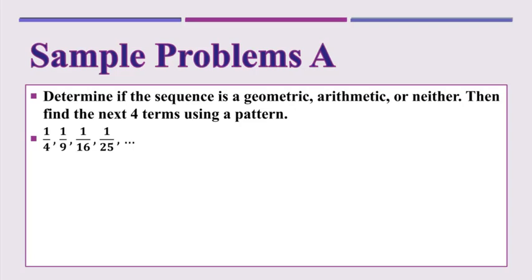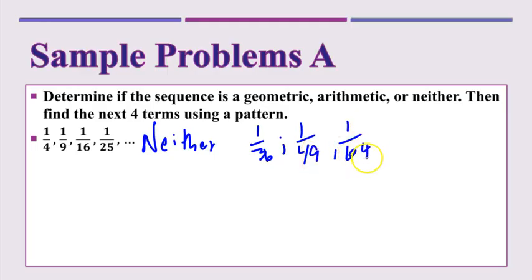So this one would be neither, because there is nothing that you're adding or multiplying each time. But the next one would be 1/36, 1/49, 1/64, and 1/81, because again, the denominators are all perfect squares.